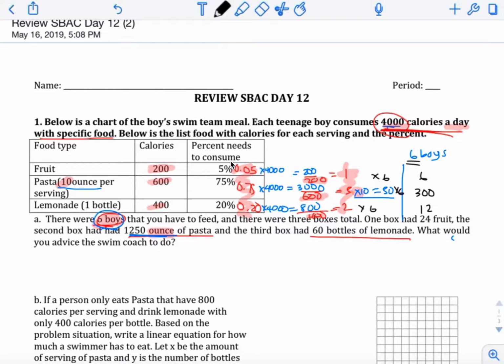And then lemonade, you only need 12 bottles. You need 12 bottles.